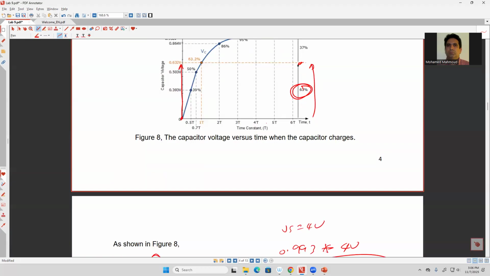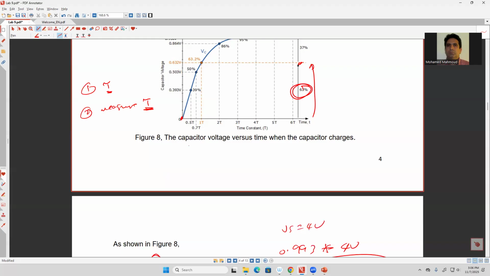Because in one part of this lab, I want you to do 2 things. Number one, I'm going to ask you to calculate tau. Number 2, I'm going to ask you to measure tau in your experiment. So how can you measure tau? Very easy.